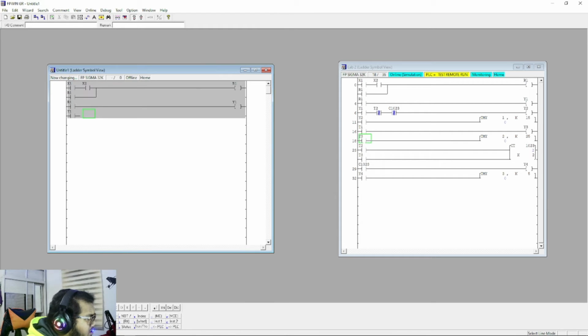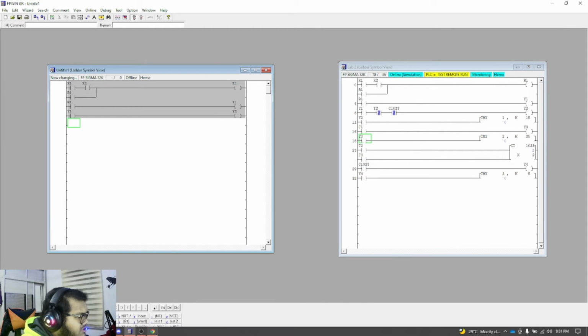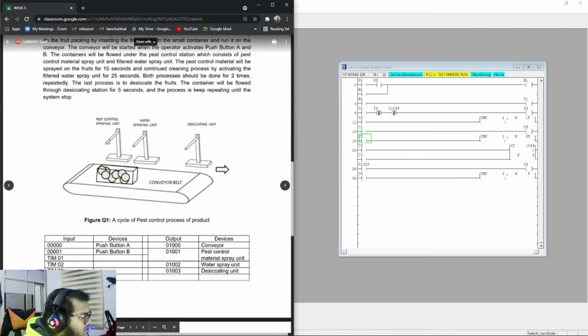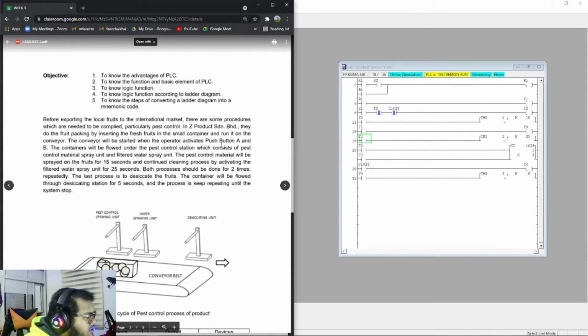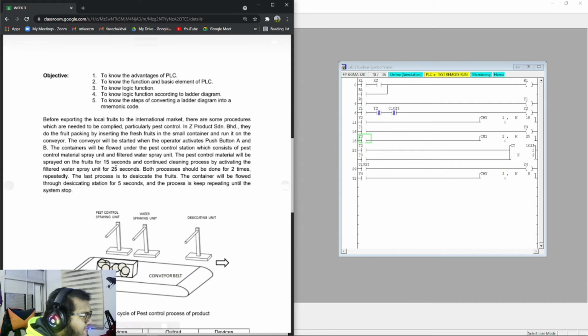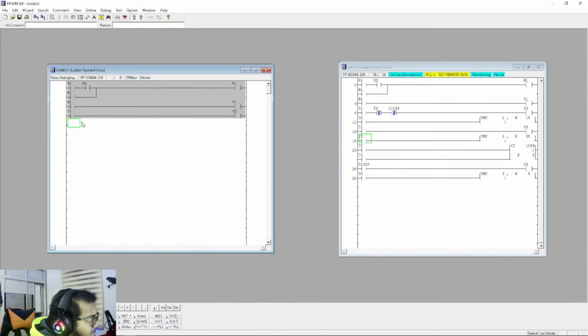So we put the output Y2 as the pest control spray unit. As stated in the text, the pest control material will be sprayed on the fruit for 15 seconds. So we put the input Y2 for pest control, and then we put the timer on it.